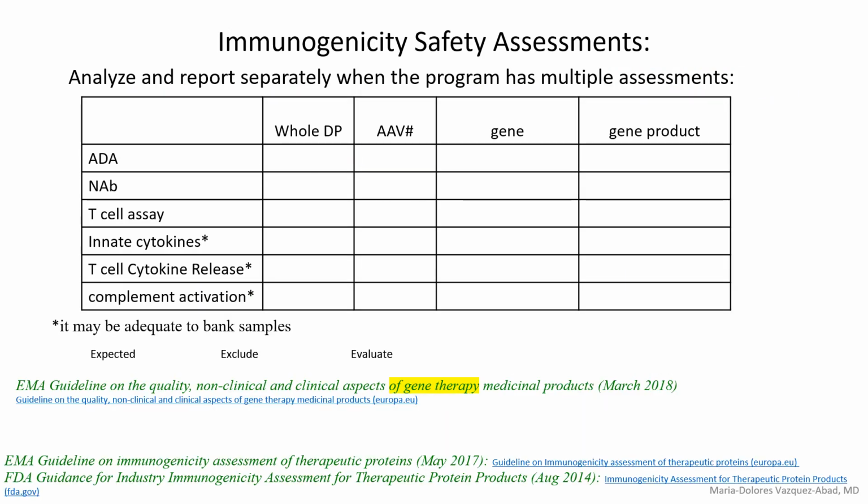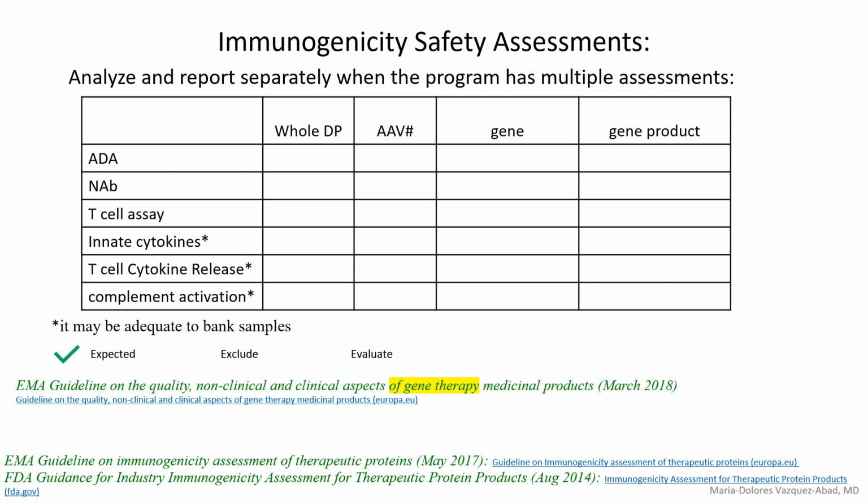So I generated this table, and the disclaimer is this is my interpretation of the guidelines. So you may have a different interpretation. But what I did was to list on the first column the different assays that are mentioned throughout the guidelines. And each one of the columns to the right, the header, refers to what is the component of the product that is being recommended for which assay.